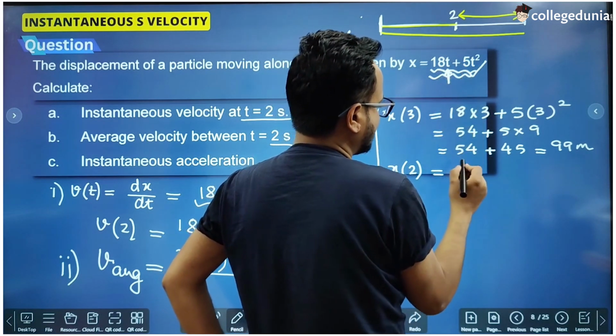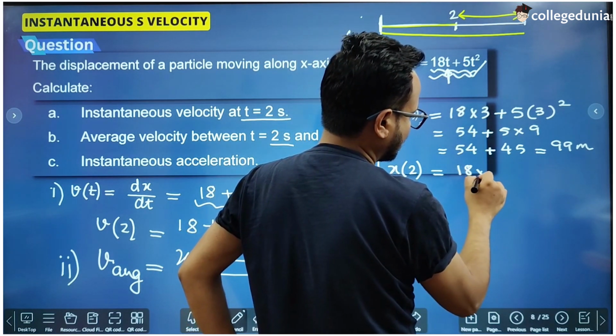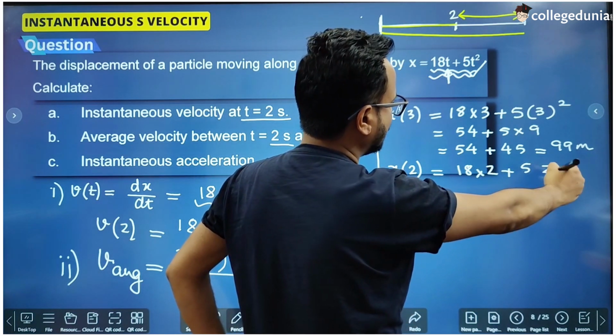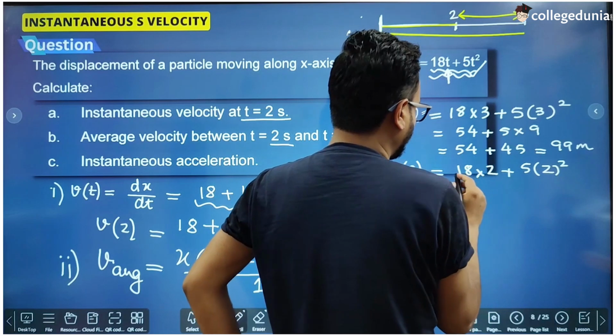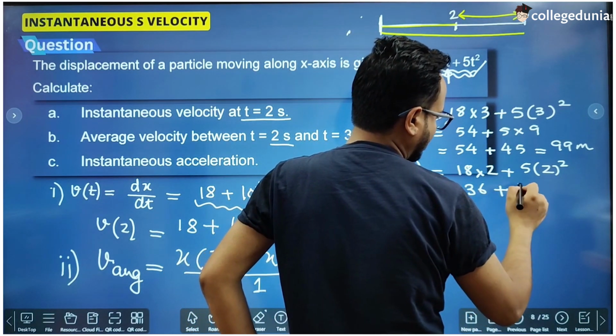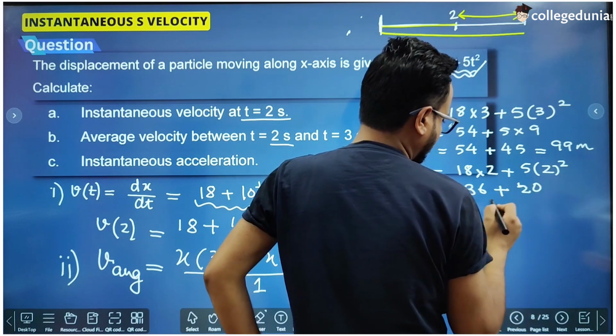Now let's put t as 2. So 18 into 2 plus 5 into square of 2. 18 into 2 is 36 plus 20.